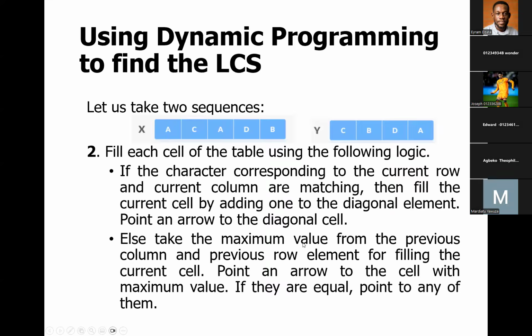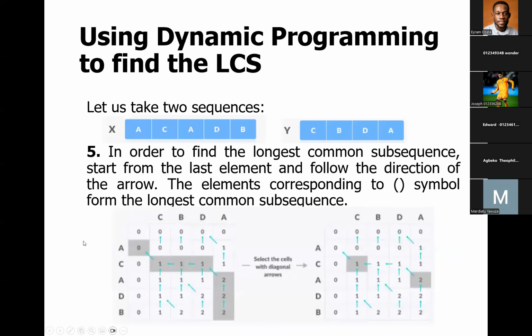So it said, else take the maximum from the previous column and the previous row for filling the cell. Then point the arrow to the cell with the maximum value. Now, if the values are equal, that's the previous row and the previous column, if they are equal, then point to any of them. Do you get it? Point to any of them. So that is what is leading to the different answers we are having.